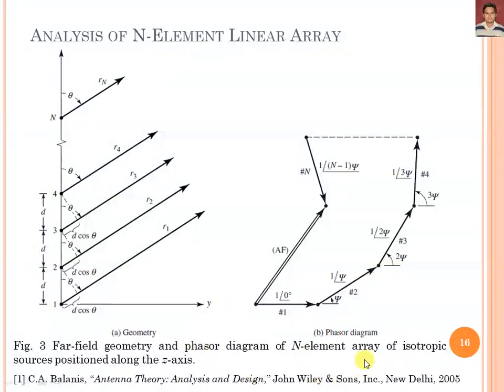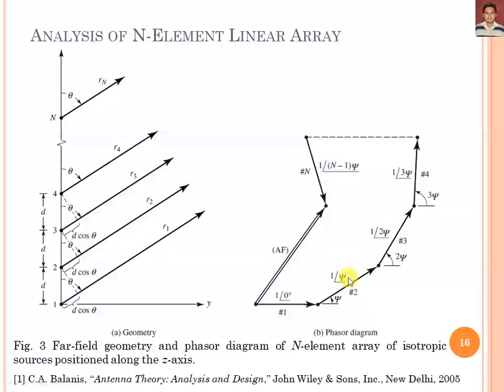the phasor diagram of the n element array of isotropic sources positioned along the z axis, and here you can see this is the phasor diagram. For antenna element 1 the amplitude is 1 and the angle is 0 degrees. For antenna element 2 the amplitude is 1 but the phase is psi.